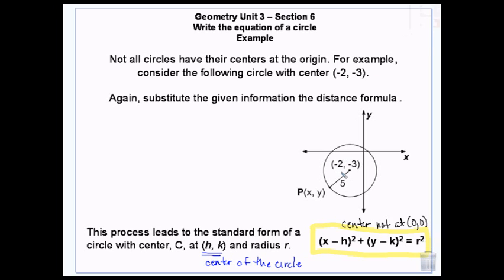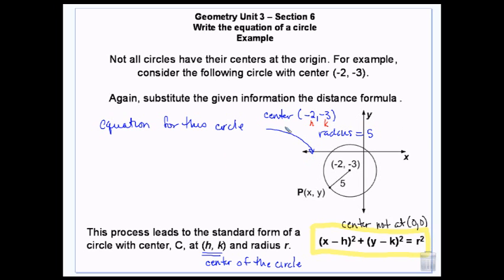For this circle, we're going to pretend that they didn't tell us that yet. Or actually, no, we'll keep that. So the equation for this circle has a center at -2, -3 and a radius of 5. This is h, this is k.